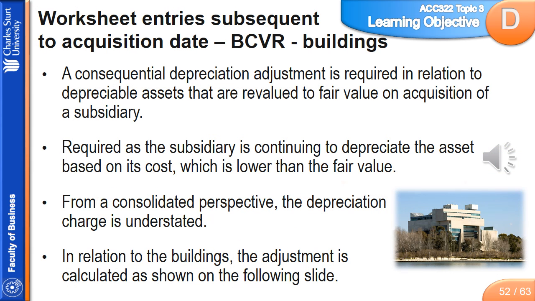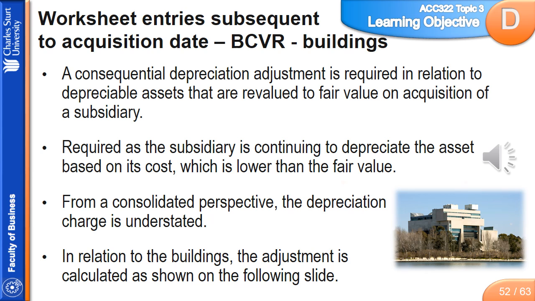Now looking at buildings, a bit more work's involved when adjusting for either the sale of buildings or if time's passed since acquisition when you're dealing with these types of assets. When I say these types of assets, I mean depreciable assets, and that's because the subsidiary is continuing to depreciate the asset based on its cost, which is lower than, say, the fair value usually, which is higher. It can be less, but most of the time in most of the examples we deal with, the fair value is higher.